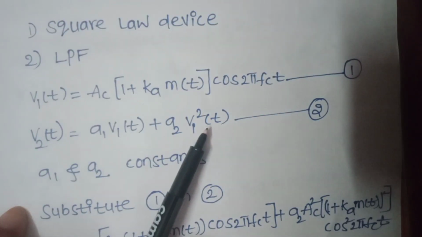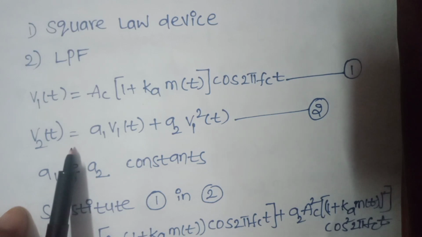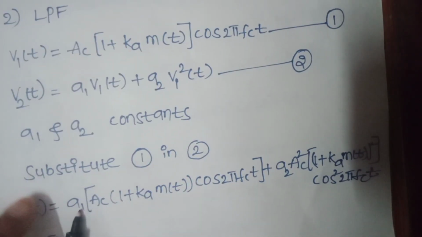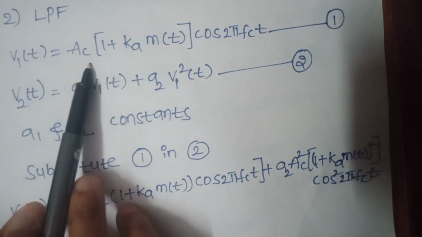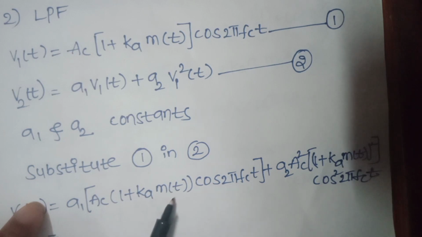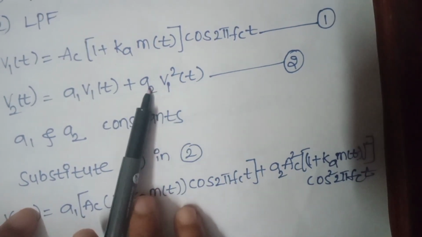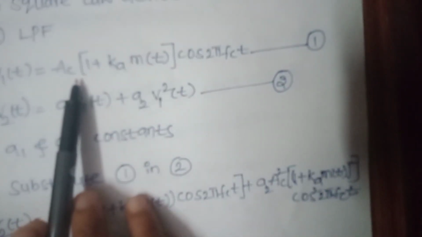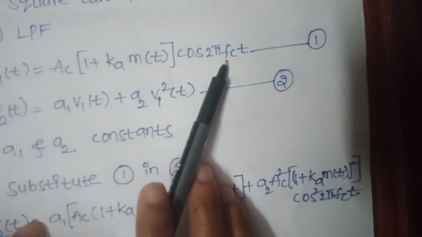Now substitute V1 of t in V2 of t. Then V2 of t equals A1 into V1 of t, where V1 of t is Ac 1 plus Ka m of t cos 2 pi fct, plus A2 into V1 square, that is Ac 1 plus Ka m of t cos 2 pi fct whole square.